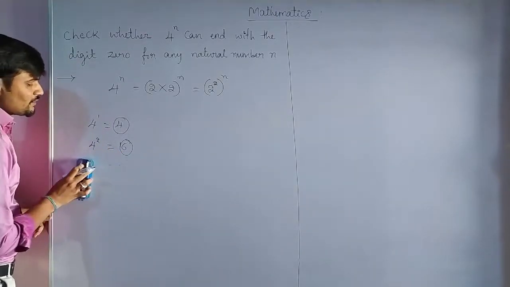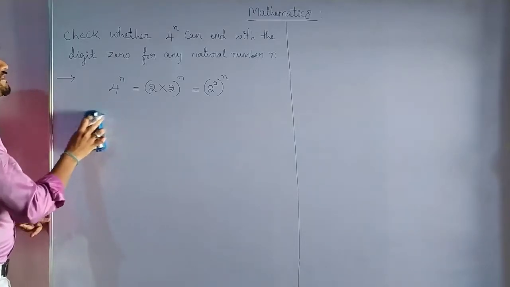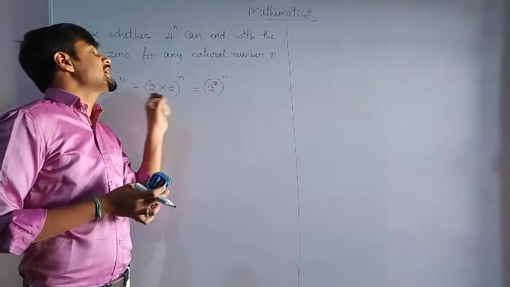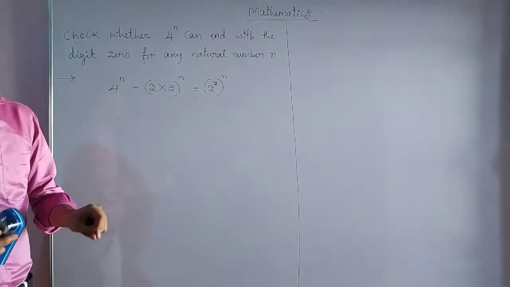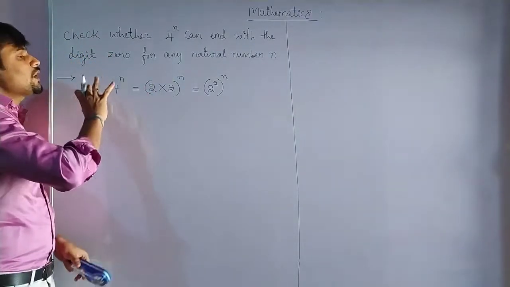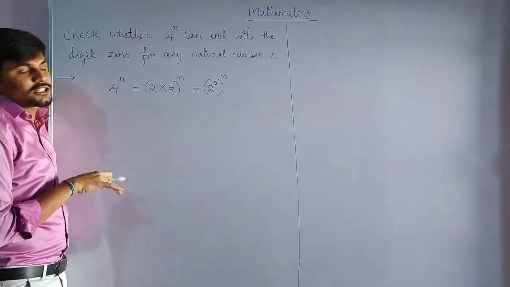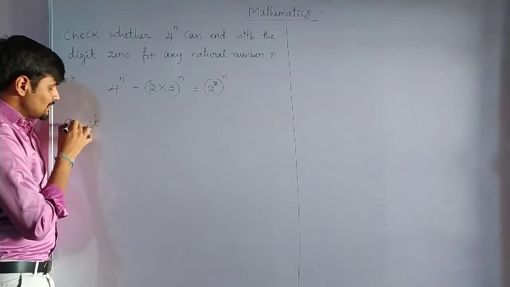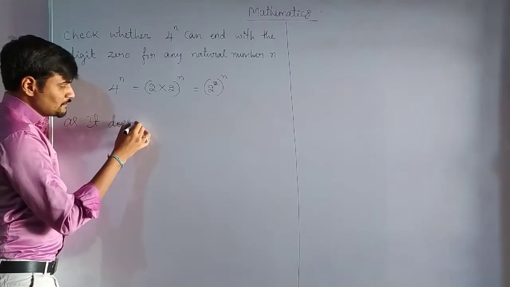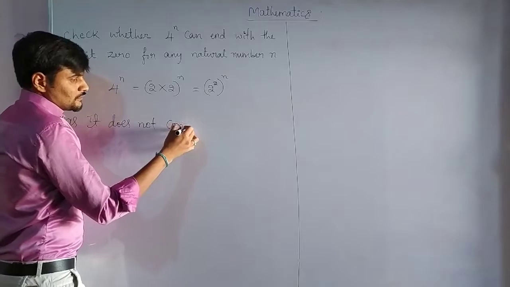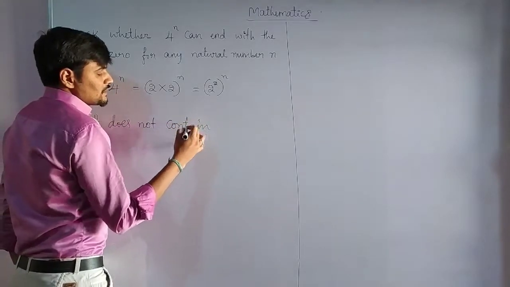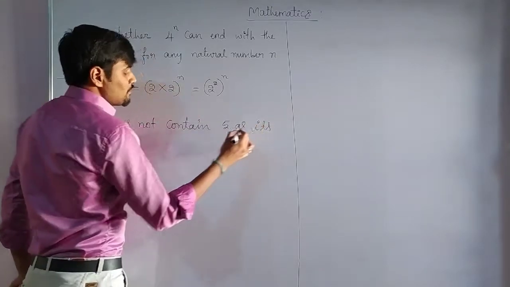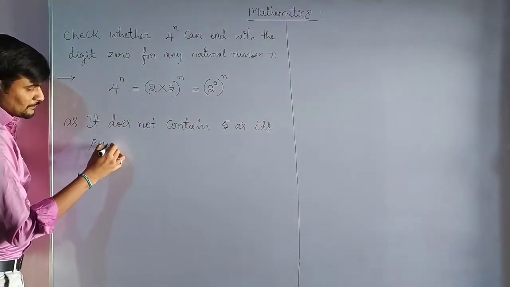Why is this happening? As we know, if the given number can end with the digit 0, then after prime factorization it must contain 2 and 5 as its prime factors. Here 4 does not contain 5 as its prime factor.